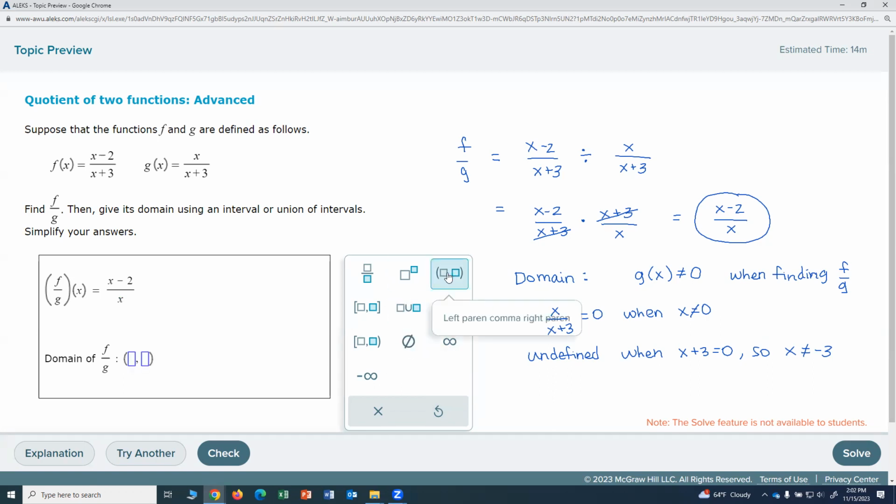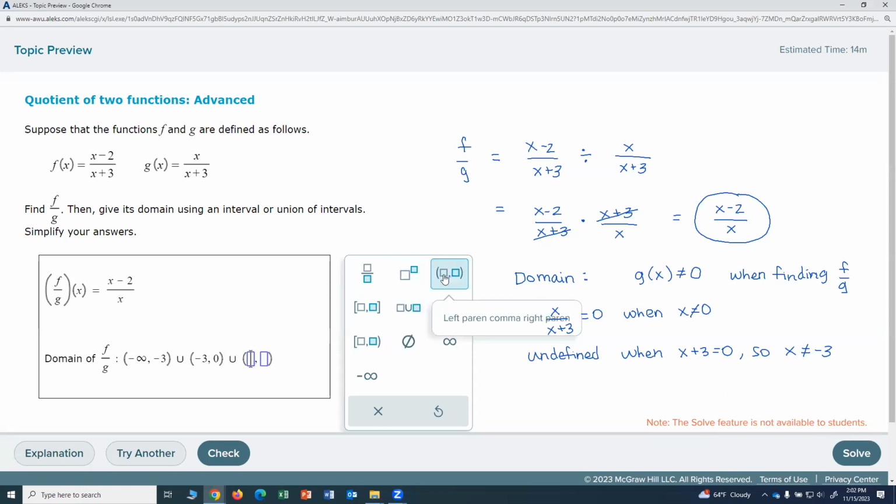So I'm going to do parentheses, negative infinity to negative 3. Go ahead and do the union. And then we'll do parentheses, negative 3 to 0. And then the union.